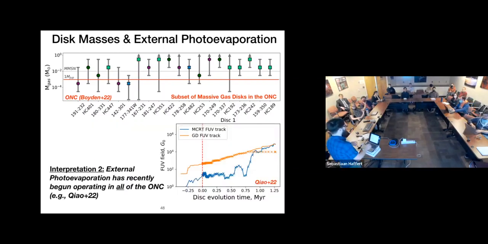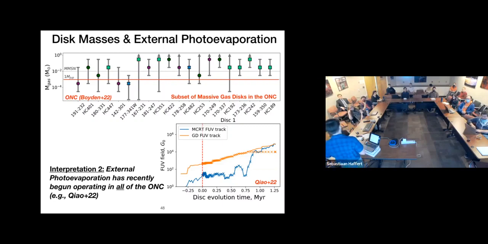So with that being said, another possible way that we would get massive disks in the ONC at this current point in time is that external photoevaporation has recently begun operating in the entire cluster. And what I mean by this is, if you remember from earlier, stellar clusters form out of these dense clouds of molecular gas. And recent simulations coming out of Tom Haworth's group have shown that this dense gas can actually shield newly born cluster members from those strong external UV fields for as long as 500,000 or even 700,000 years.